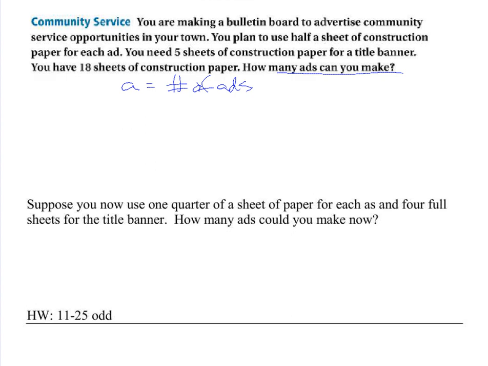So in order for you to do this, they gave us some information that we're going to use here. How much paper are we going to use? We're going to use all 18 sheets because we want to make as many ads as possible, right? So however many ads it is that we make, we're going to have 18 sheets of paper used. Now, from the information up here, what do we know?